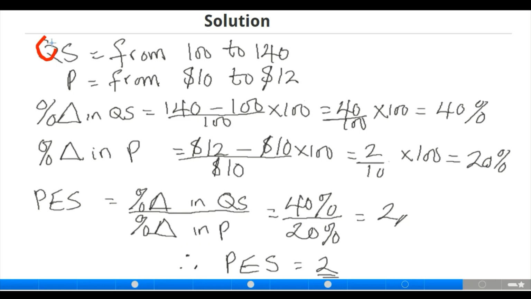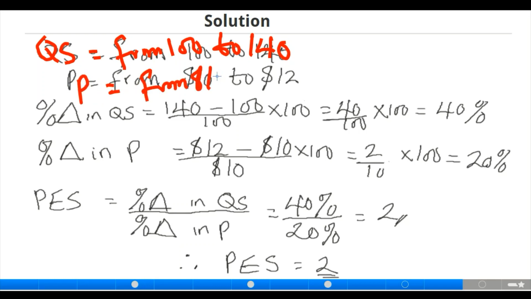Now we have the quantity supply, as we said earlier, from 100, which is the old quantity, to the new quantity, which is 140, and our price from $10, which is our old price, to $12, which is the new price.